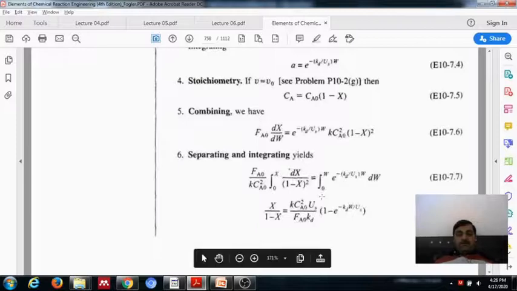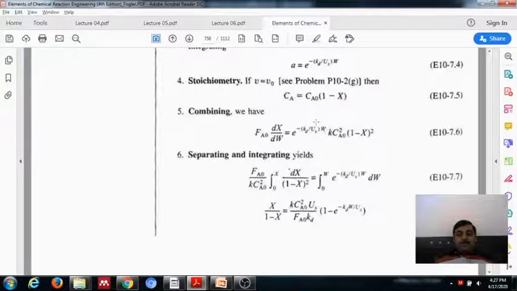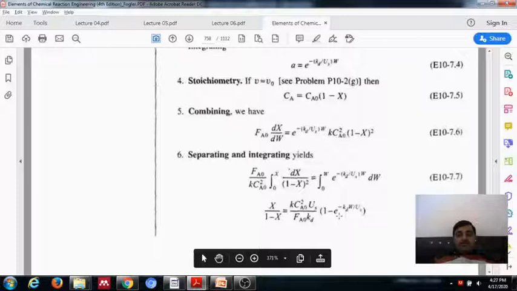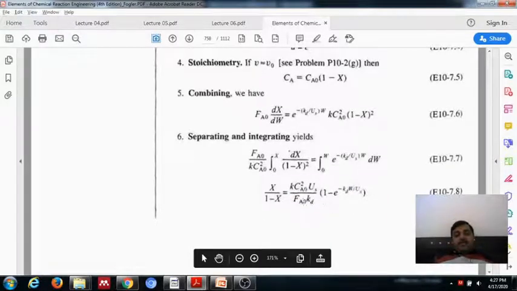upon F0. When I am integrating this exponential of kd by Us into W, I'll get a similar expression from 0 to W, 0 being 1, and I'll get kd by Us. So this becomes my final expression, which I can solve to get the conversion in this reactor.